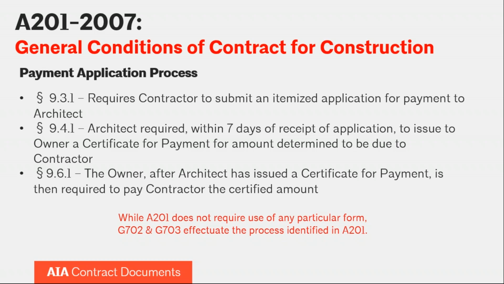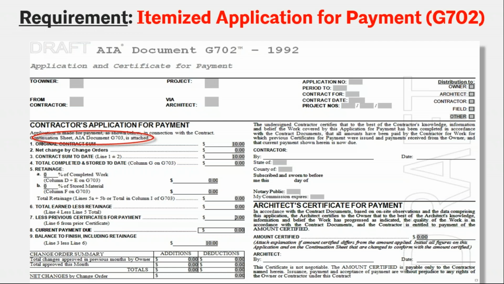So you'll see when we get into showing the actual G702 that there's a space for the architect to make that certification. And then once the owner has received the architect's certificate for payment, that's when payment is triggered.